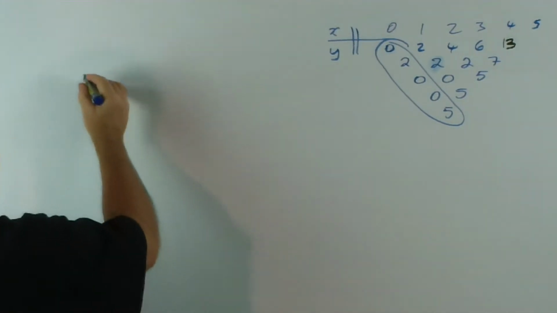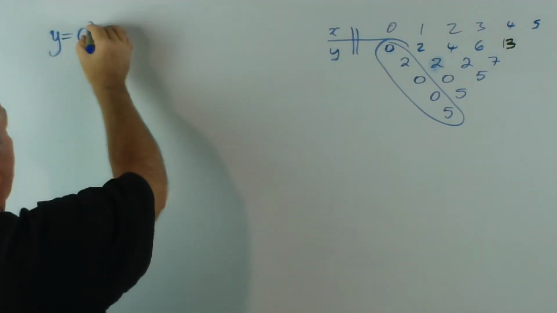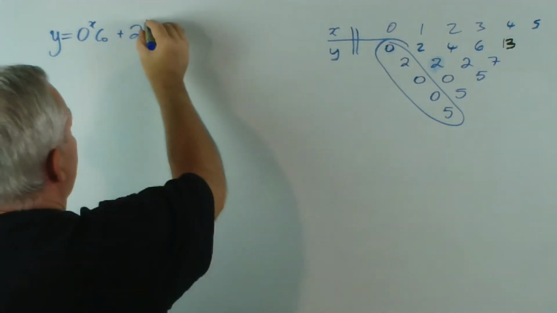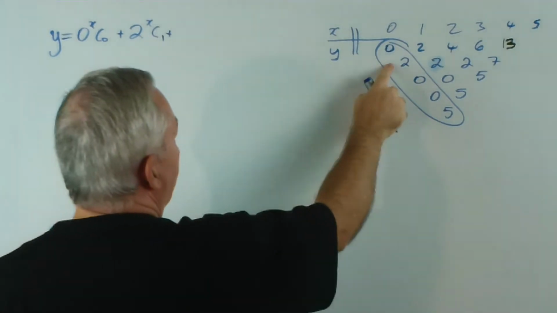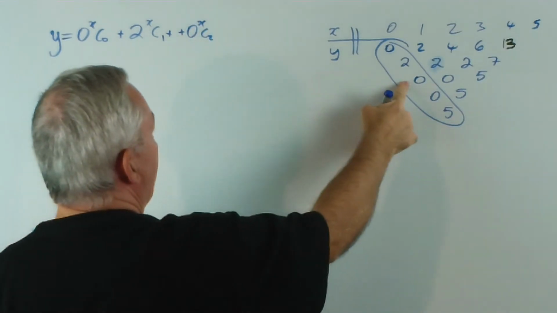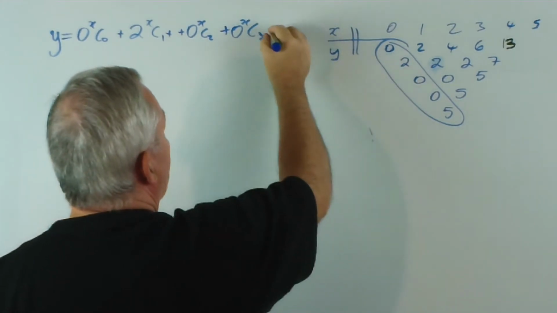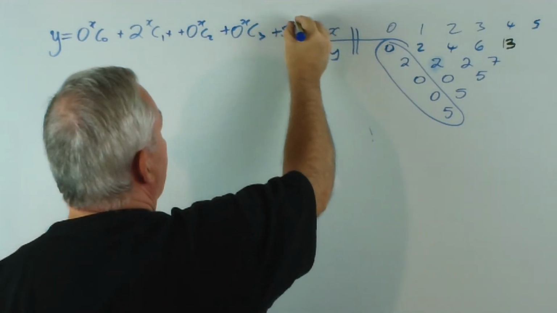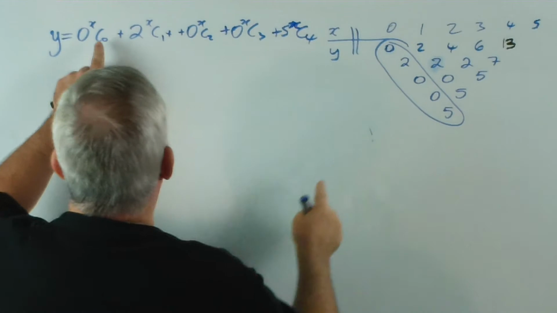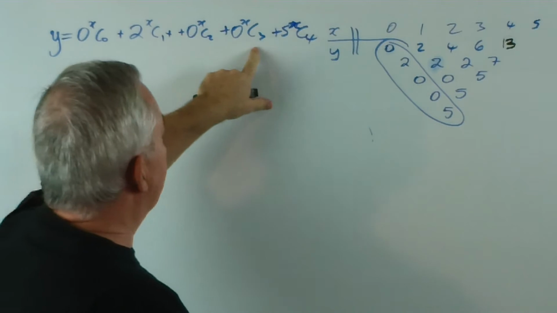Our formula is going to be y equals 0 times xc0 plus 2 times xc1 plus 0 times xc2 plus 0 times xc3 plus 5 times xc4. So there we go, 0, 2, 0, 0, 5, and the pattern is xc0, xc1, xc2, xc3, xc4.